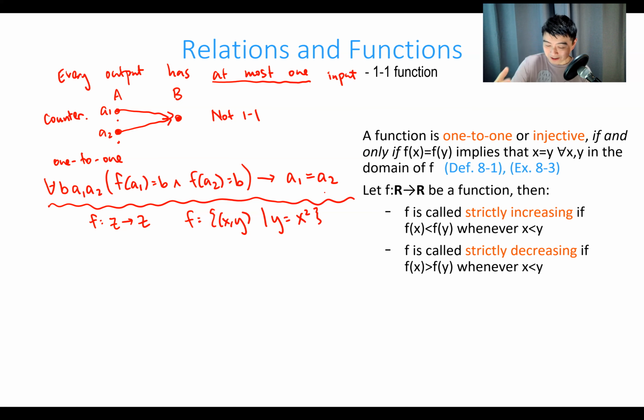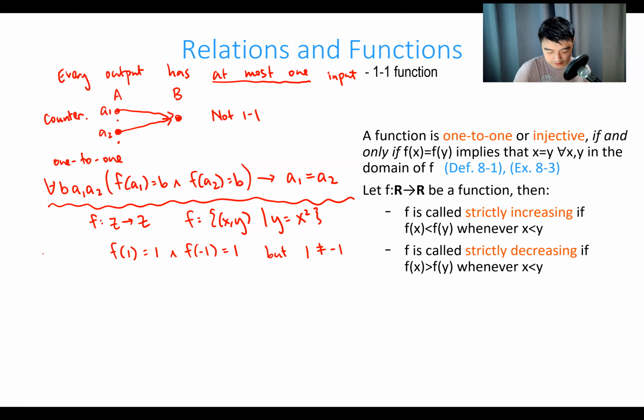It gives you a hint as to whether or not it is one-to-one. So here we can say that f of 1 is equal to 1 and f of negative 1 is equal to 1, but 1 does not equal negative 1. So you see how this is a counterexample to our definition of one-to-one.